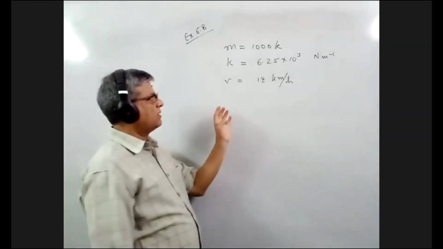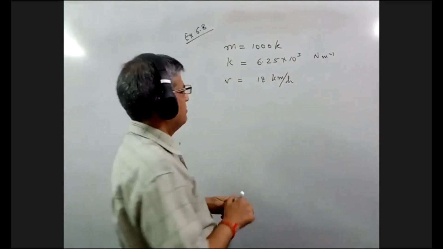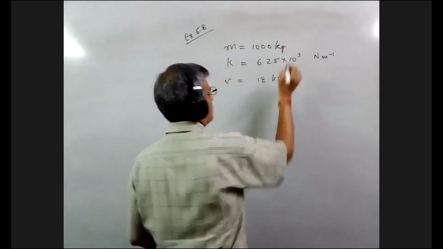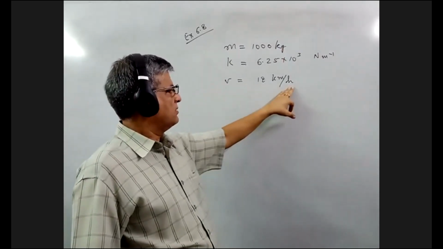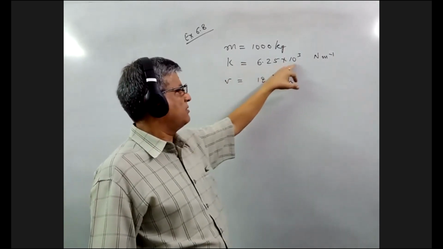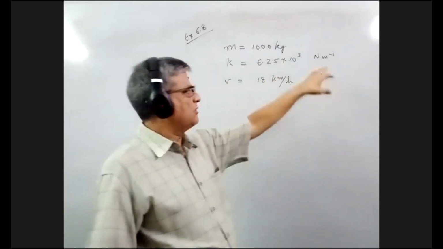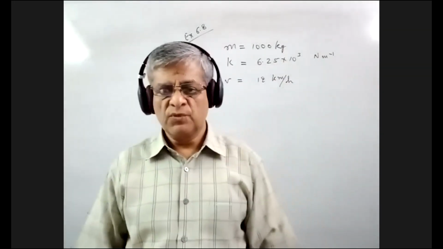So this data is given to us. A car of mass 1000 kilograms, moving with a speed of 18 kilometers per hour, is made to hit a spring of spring constant 6.25 into 10 to the power 3 Newton per meter. What is the compression in the spring?